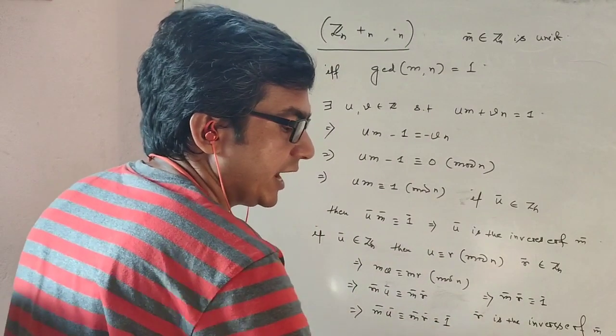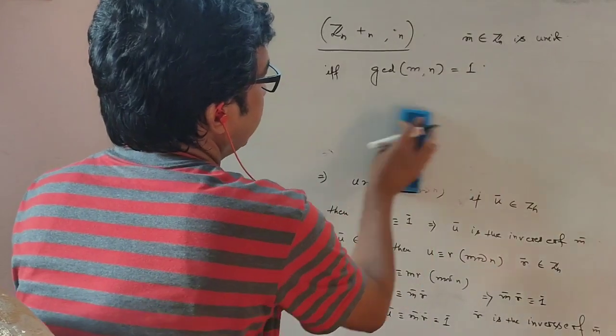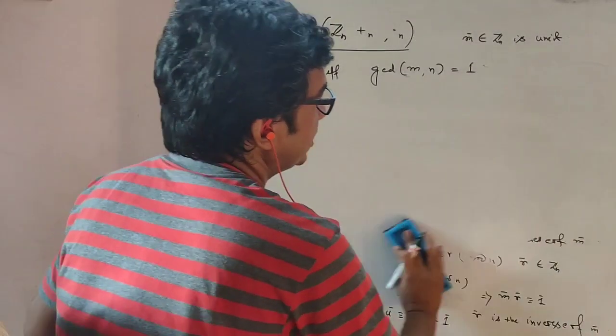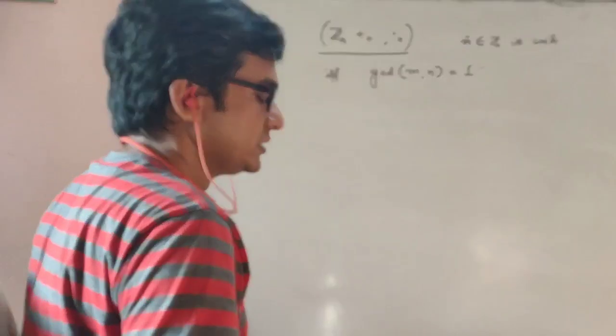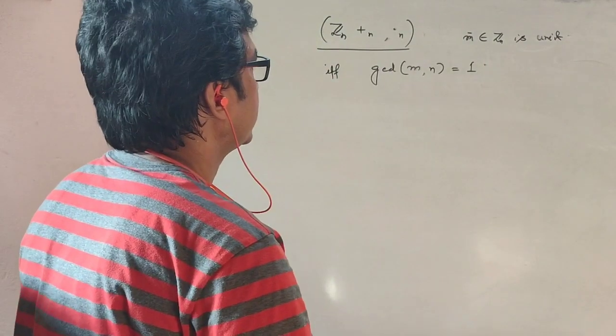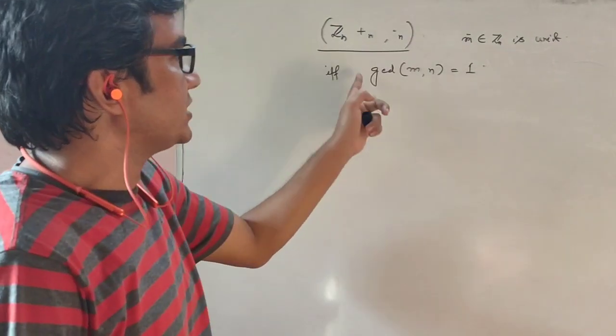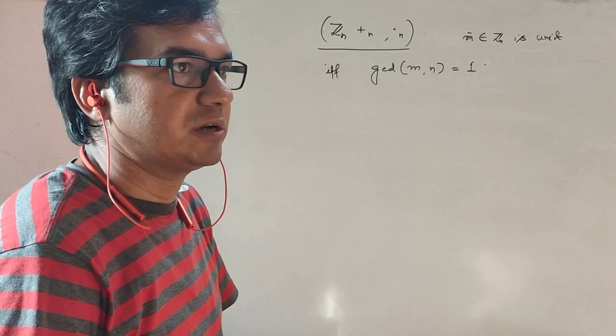So we get an important theorem that if m class belongs to Zn is unit in Zn, then we must have GCD of m, n equal to 1.